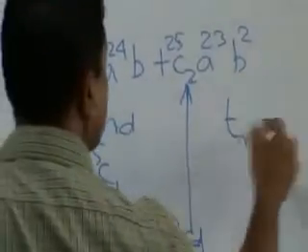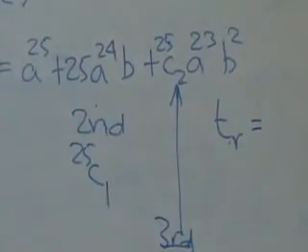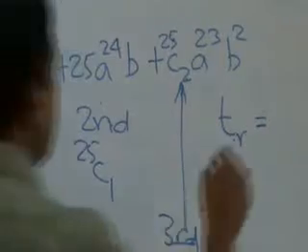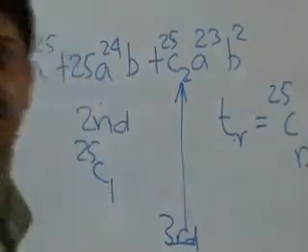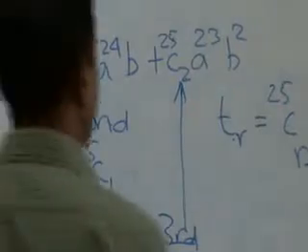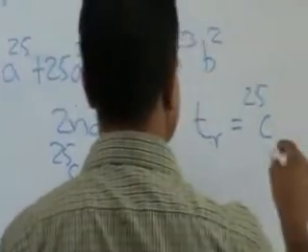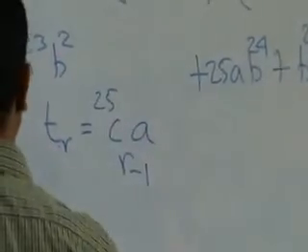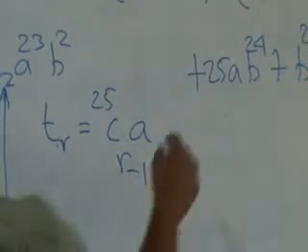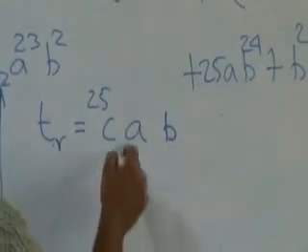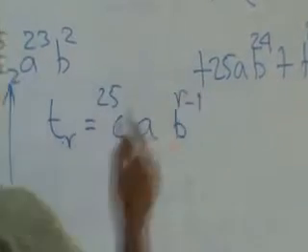So how much is Tr then? 25C(r minus 1), sure. And then after that, a to the power (r minus 2), but it will be easier for you to write the power of b, r minus 1. Exactly.